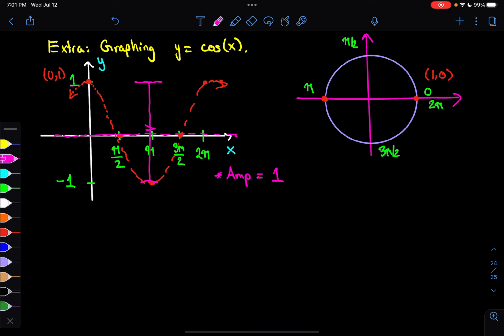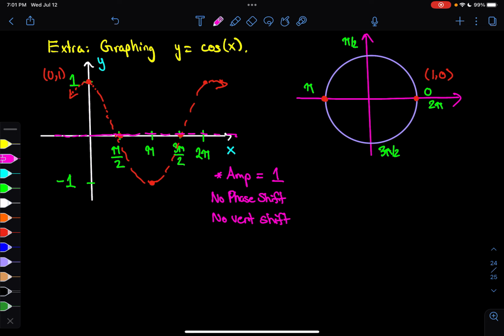So if you cut it in half, the amplitude is the height of the wave. That's going to be 1, and that midpoint is what we call the center line. So the amplitude is 1. There's no horizontal shift, no phase shift, because this is just the regular cosine graph. There's no vertical shift, because again, this is just the regular cosine graph.